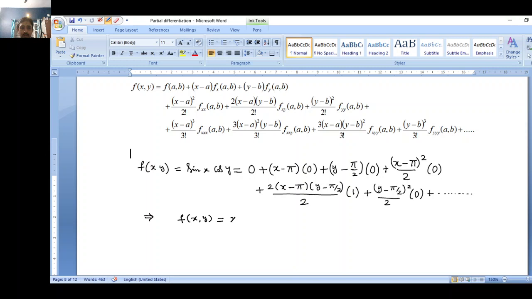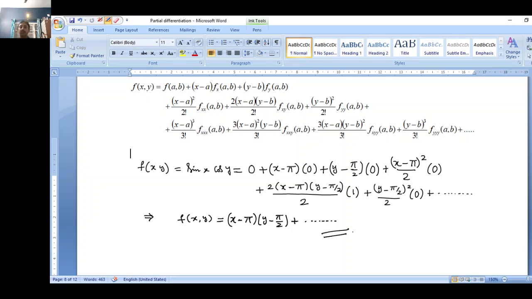So we'll be having the right hand side as x minus pi into y minus pi by 2, and say that this continues this way, and conclude that this is the required Taylor series expansion of the given function. This is exactly what we are supposed to do in any problem pertaining to Taylor's or Maclaurin series expansion.